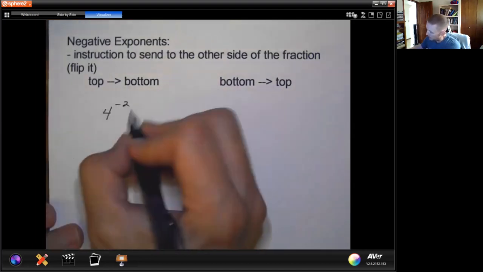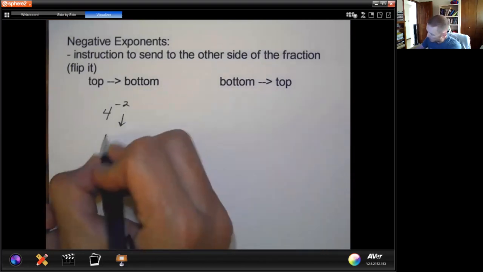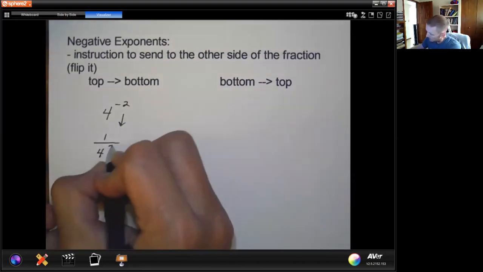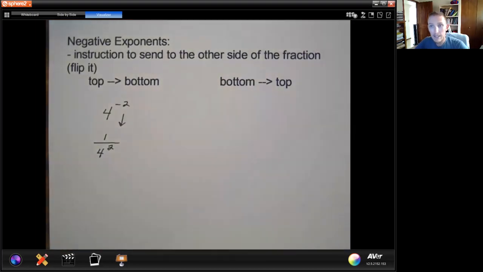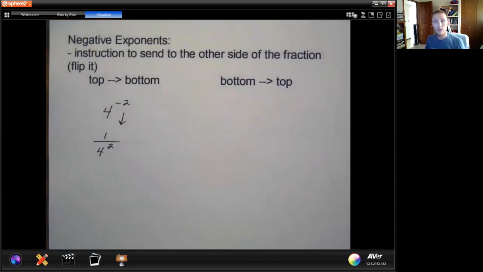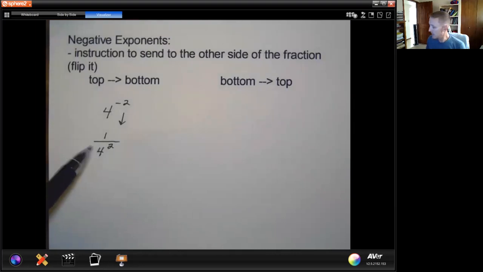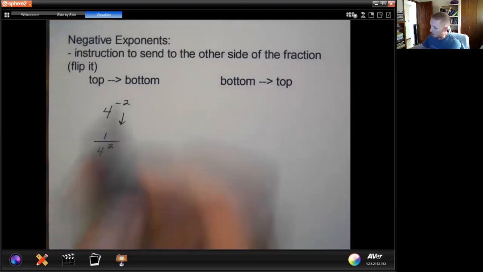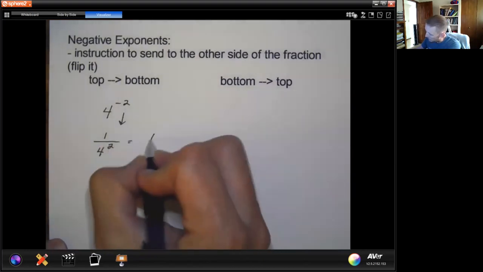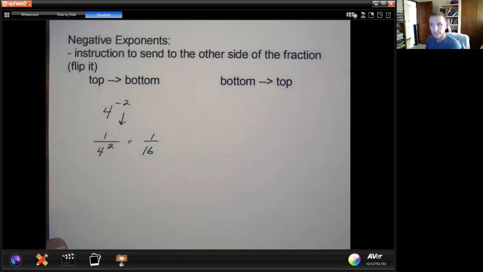So this negative exponent is going to tell me, you know what, you have to send that down, which now turns it into a fraction with 4 to the second now in the bottom. So the negative exponent flips it to the bottom. Once you flip it, the exponent is now positive because you've done what the negative exponent wanted you to do. So I sent this to the bottom of a fraction, and now it's 4 to the second power, which I will evaluate as 1 over 16, because 4 squared is 4 times 4.